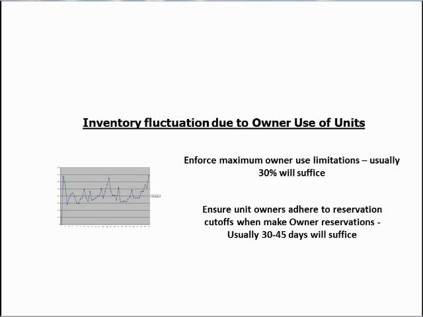Christmas time in South Florida, which is, of course, where I am, so this is why I keep mentioning it, you may want to have 60 days out, but you must get in the habit of having those owners calling in advance. It's very difficult, number one, to tell a unit owner he can't use his own unit, and number two, very difficult to meet demands if all of a sudden a week before a reservation an owner comes in and insists upon using his unit. So yes, that can be an issue.